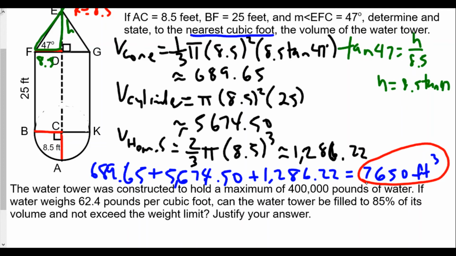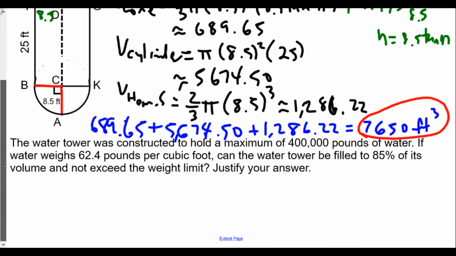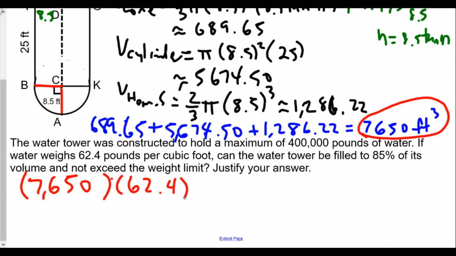Now, the water tower is constructed to hold 400,000 pounds of water. If water weighs 62.4 pounds per cubic foot, can the water tower be filled to 85% of its volume and not exceed the weight limit? So we're going to take our 7,650 cubic feet and multiply it by 62.4 pounds. That gives us a total weight, but we want to multiply that by 85%.